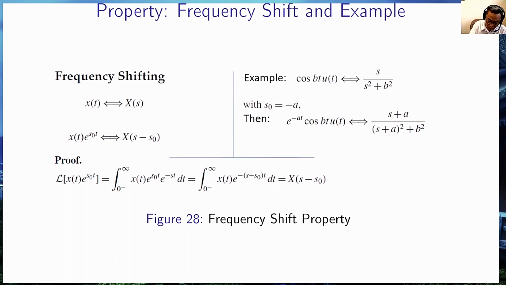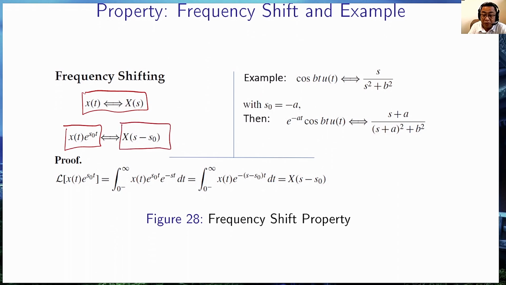Lastly, when we have x(t) that is Laplace transformed into X(s), if we multiply x(t) by a complex exponential e to the s naught t, then in the Laplace transform, s is replaced by s minus s naught. So in our example, we have cosine(bt) u(t), whose transform on the right hand side is s over s squared plus b squared.